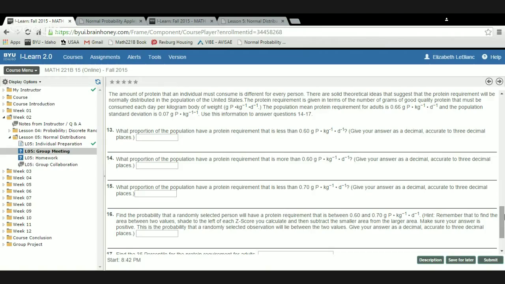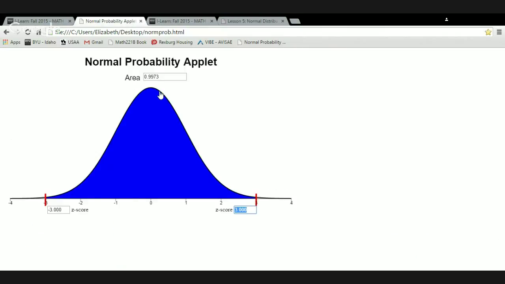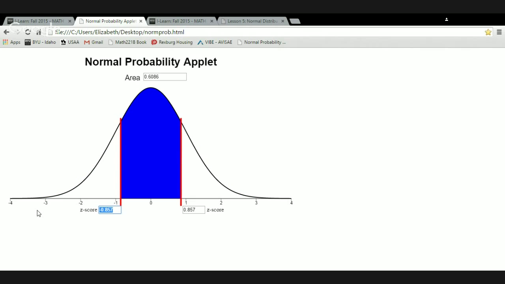And then that negative number that you get is the z-score, but you still have to find what's less than that. So you go to that normal applet thing, and you go to the bottom box on the left, and you type in the answer you get, which is negative 0.857.